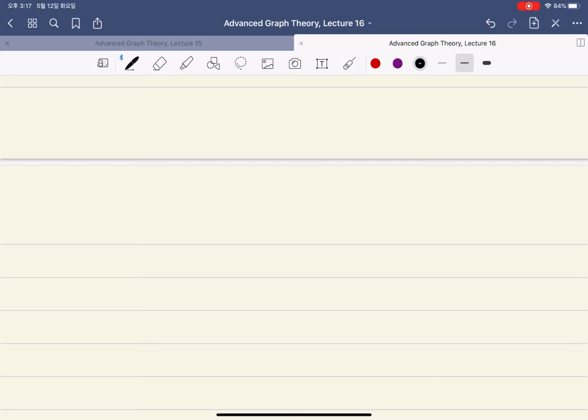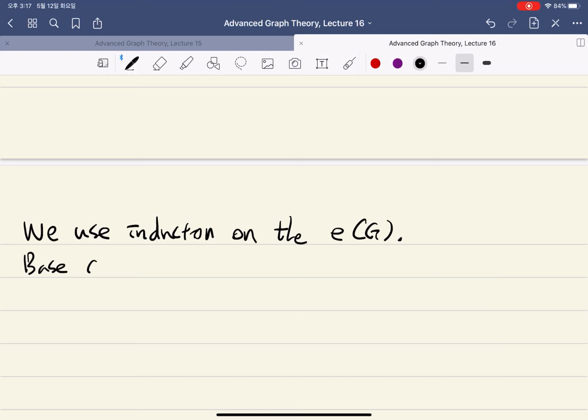So we want to prove that, and we use induction on the number of edges in G. And the base case is trivial. When the graph has no edges, then it's trivial.